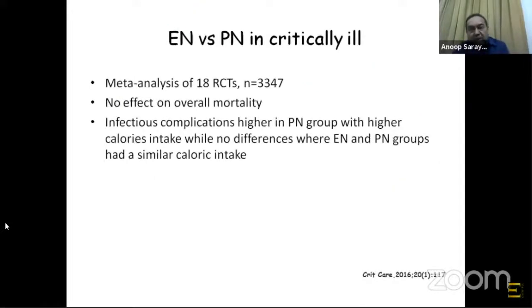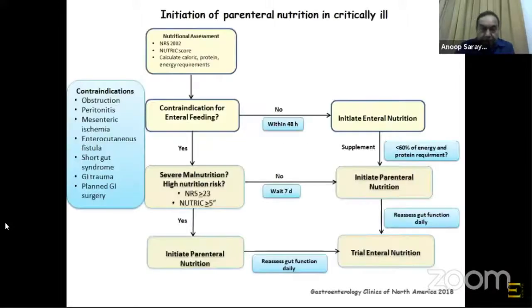So now comparing enteral versus parenteral nutrition, there are multiple randomized controlled trials and many meta-analyses, and one thing is uniformly coming out from all these analyses: there is no effect on overall mortality, but infectious complications are higher in the parenteral group with higher calorie intake, while there is no difference where enteral and parenteral groups have a similar calorie intake.